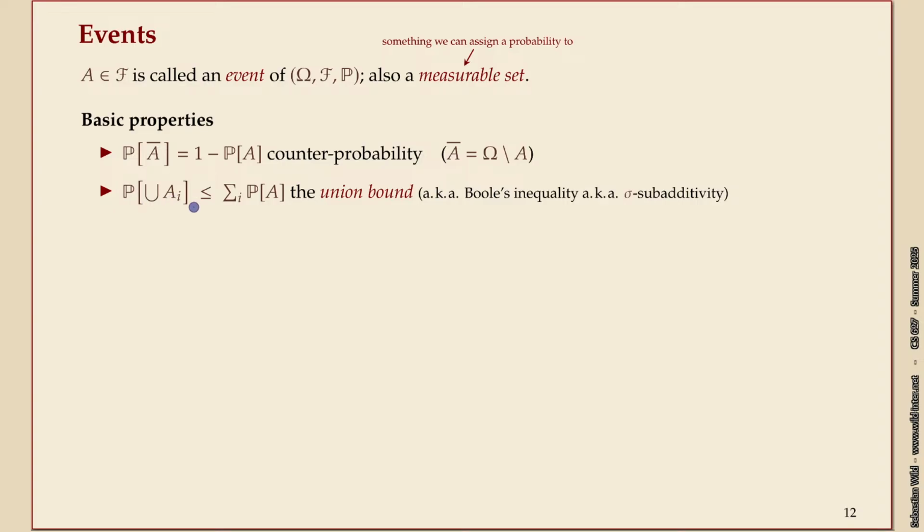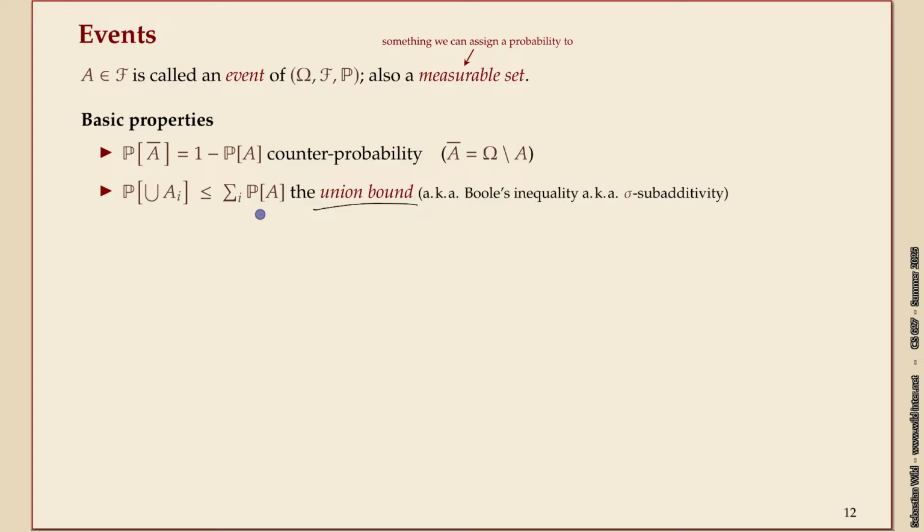If we take the union of events that are not necessarily disjoint, then the sum of the probabilities is an upper bound. This is called the union bound. It basically just follows from the definition of sigma algebras, but it's a very useful tool in analyzing algorithms, because here you have virtually no requirements about these sets. They can be arbitrary, they can overlap, the events can be dependent and everything, but we can still upper bound their probability.